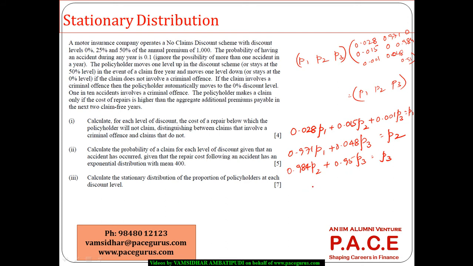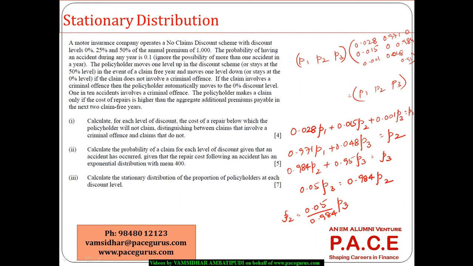So from here I am getting 0.05 P3 is equal to 0.984 P2. So I can very well write P2 in the form of P3. So P2 is nothing but 0.05 by 0.984 P3.